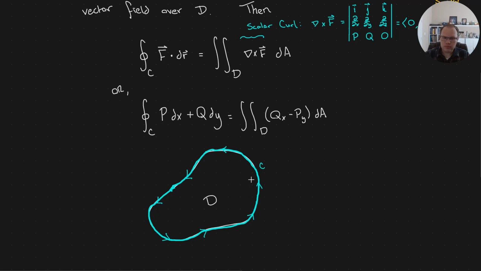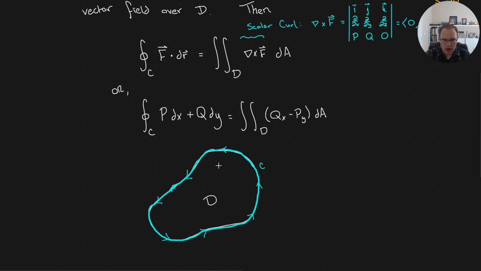Okay? By the way, this integral here, the integral of the vector field over curve C, that's what we call circulation. When we have this closed integral here, it's how much the vector field is circulating along that path.